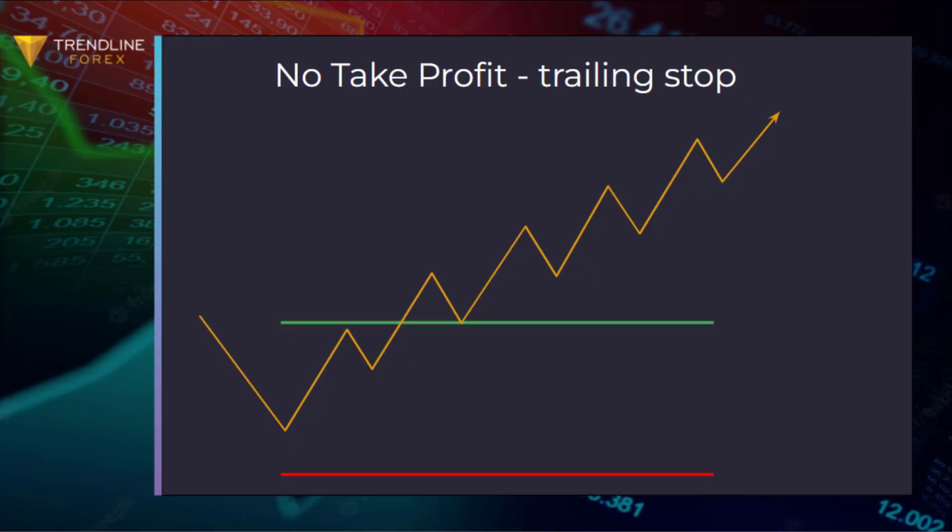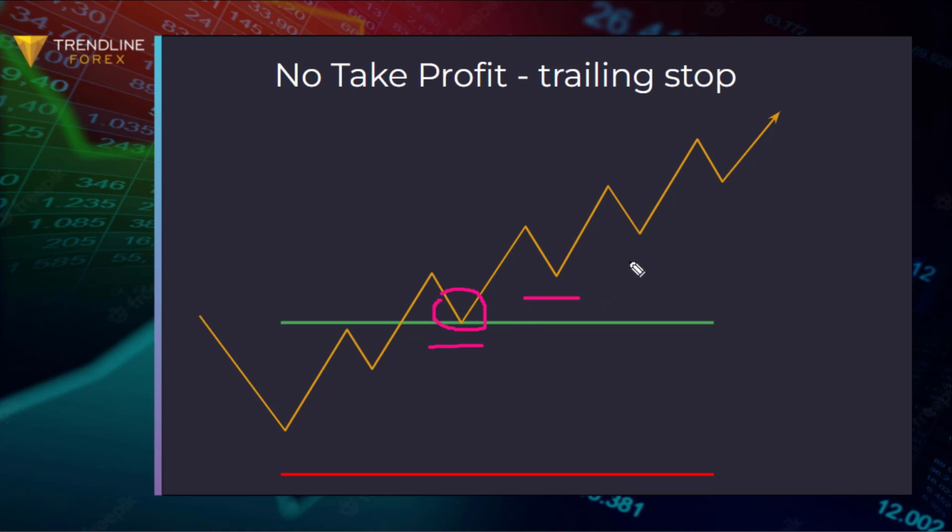Not every time you need to place a take profit with your trades. To be honest, there will be times where you're going to be looking at a setup which could develop to be a much bigger move than expected. And if, for example, you manage to enter a trade in the beginning of a new trend, a trend that you're expecting to continue developing in the long term, then what you can do is, after you've made your entry, move your stop loss below each and every higher low that price makes.